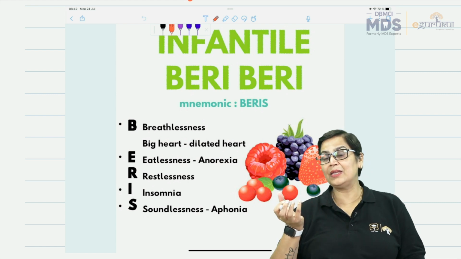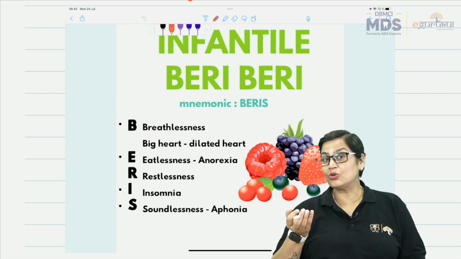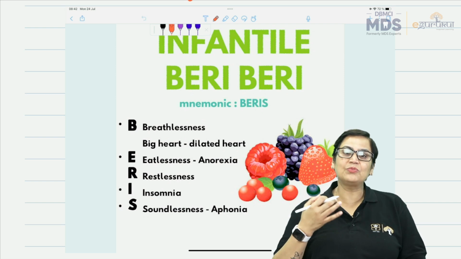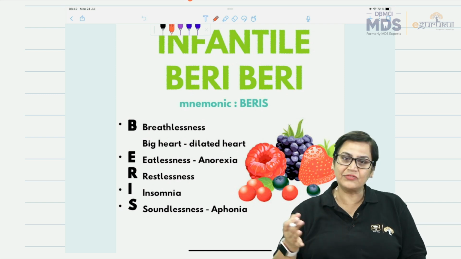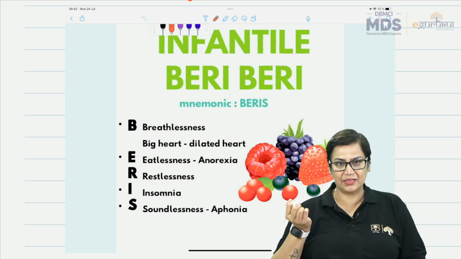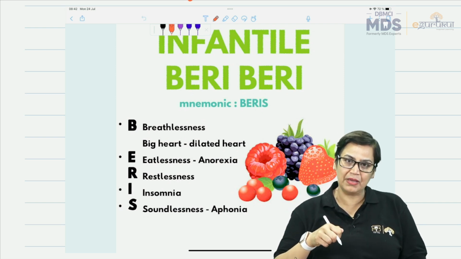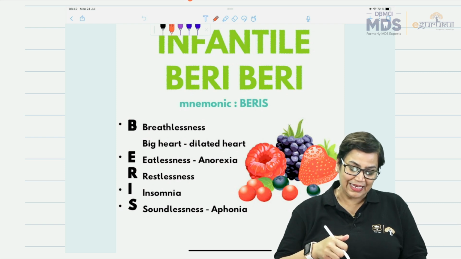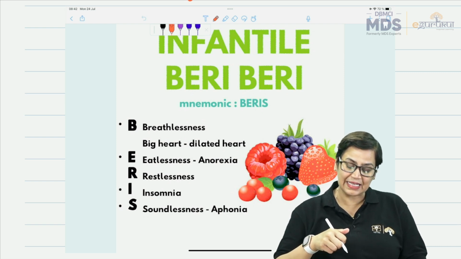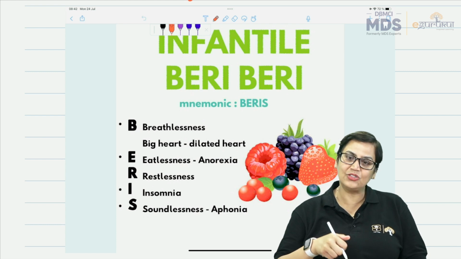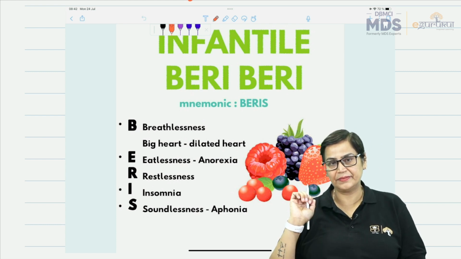Now why infantile beriberi? If the mother is also deficient of B1, she is most likely to transfer this to the fetus. So you can say berries: breathlessness, big heart from B, eatlessness and restlessness, then insomnia and soundlessness.